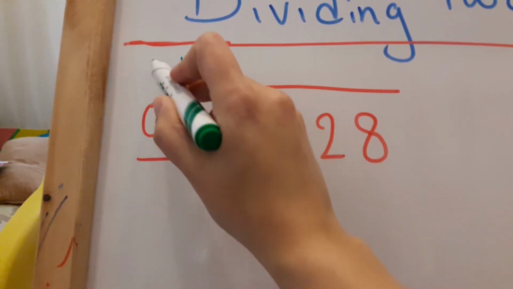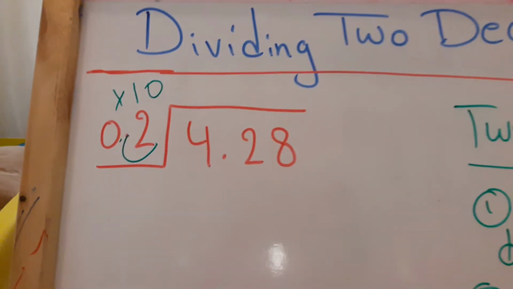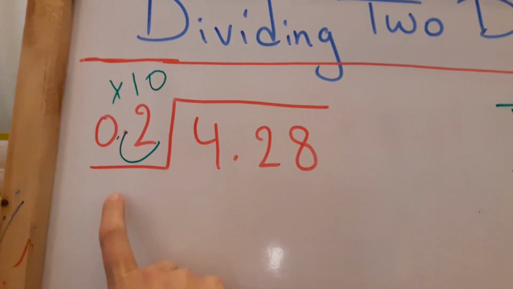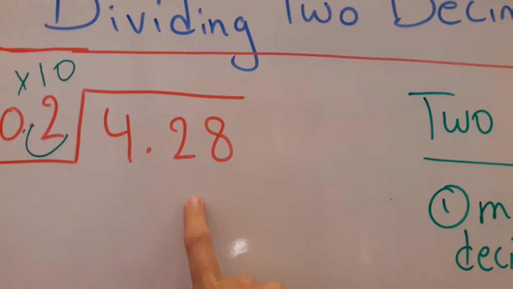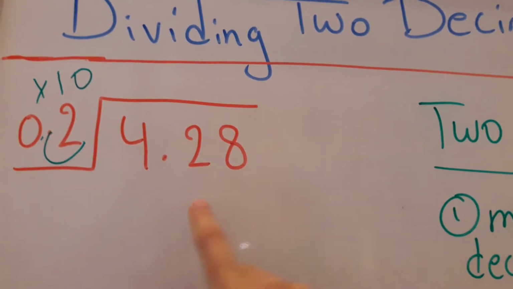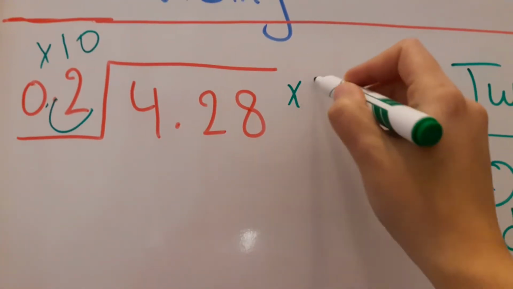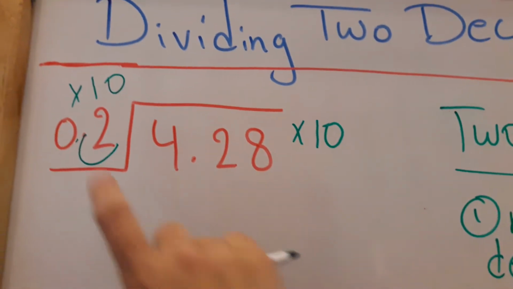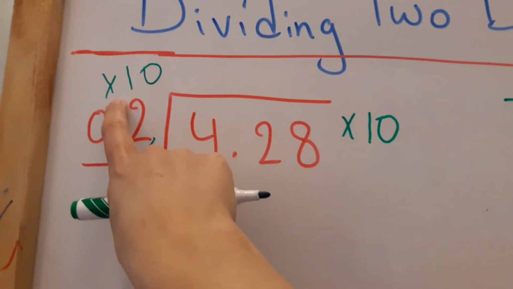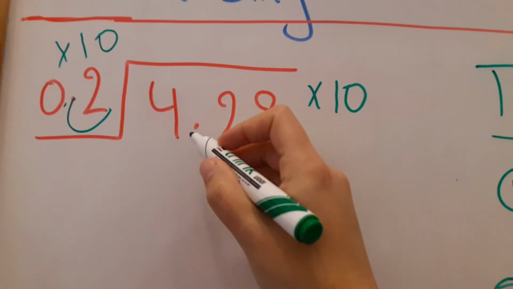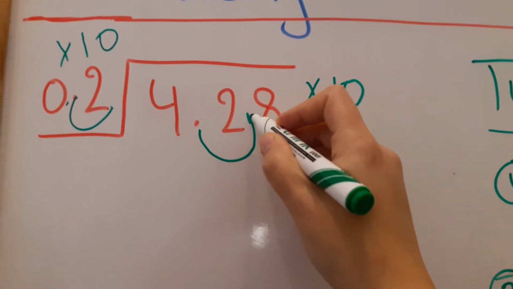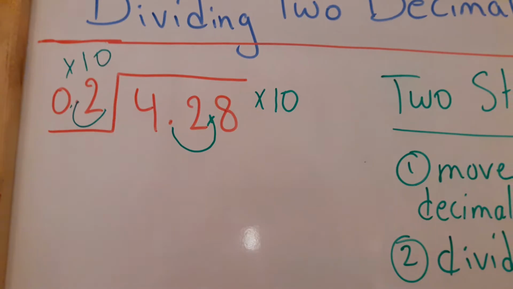Since I multiplied the divisor by 10, I should be multiplying the dividend by 10. I multiply by the same number. The one that I multiply over here, I should be multiplying over here. So if I move it one place value, the decimal point will become here.